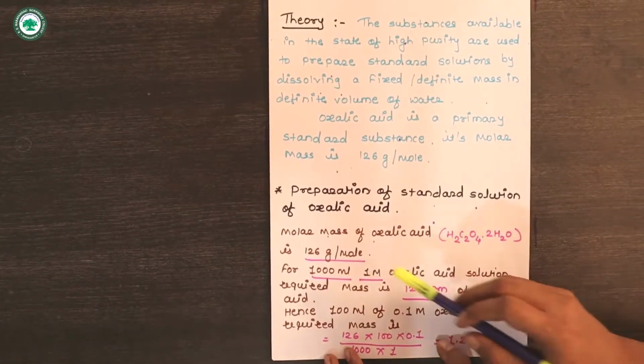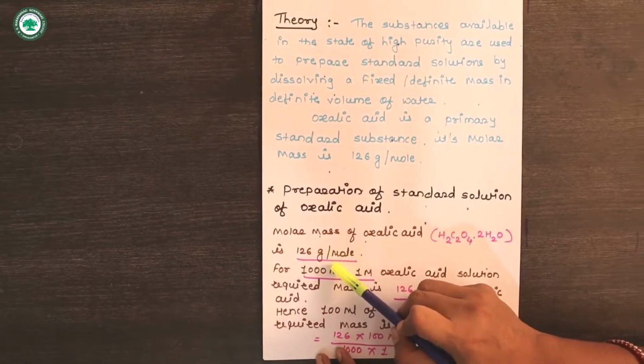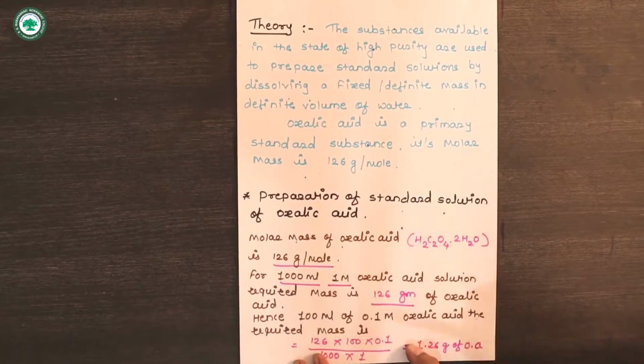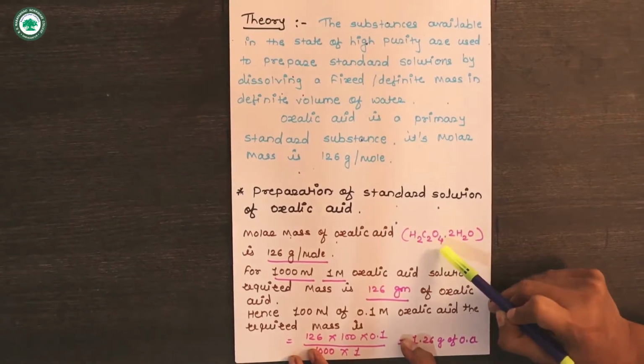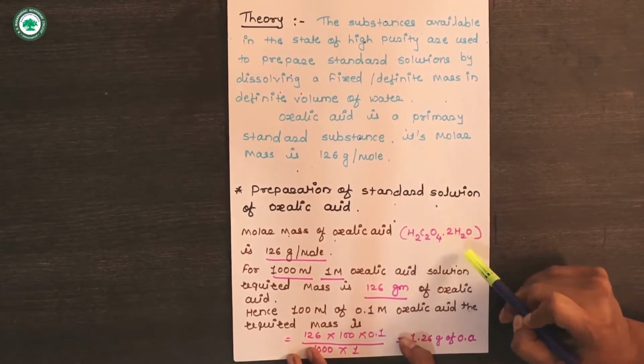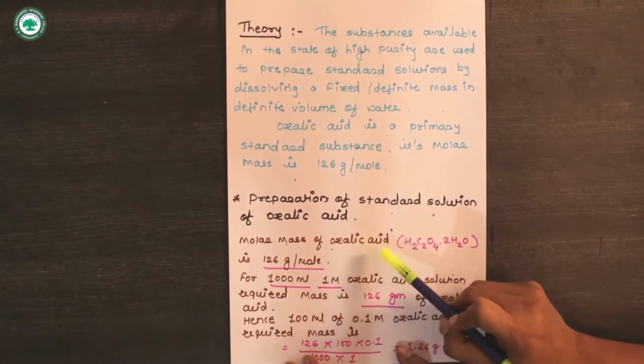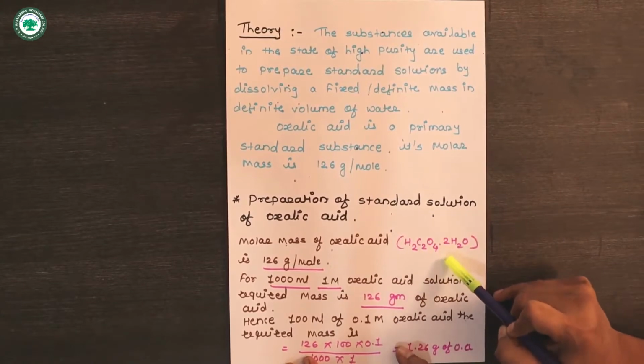We know that the molar mass of oxalic acid is 126 gram per mole, and its formula is H2C2O4·2H2O, with two water molecules. This is the oxalic acid H2C2O4.